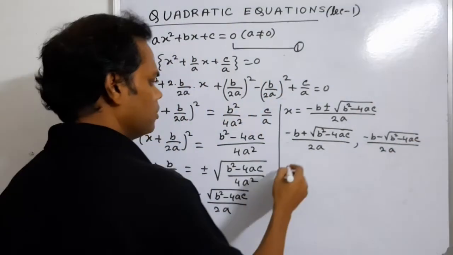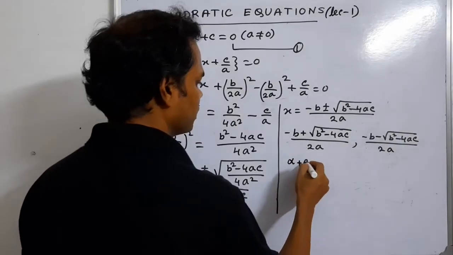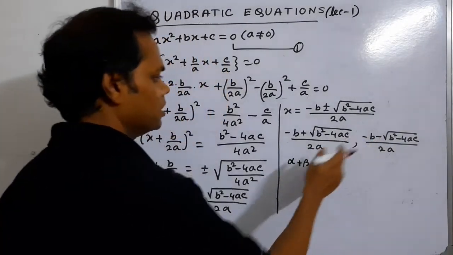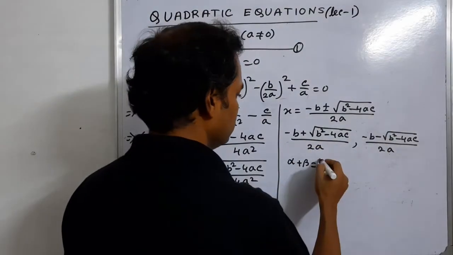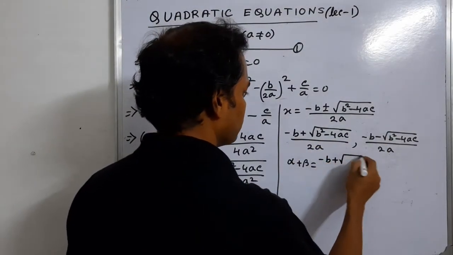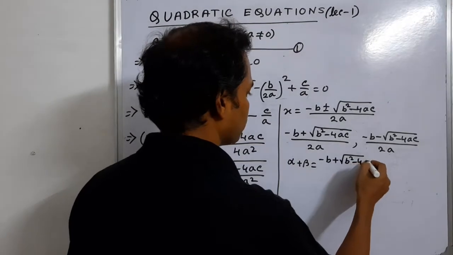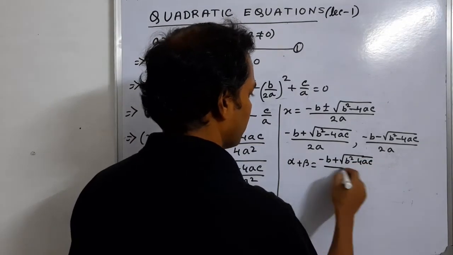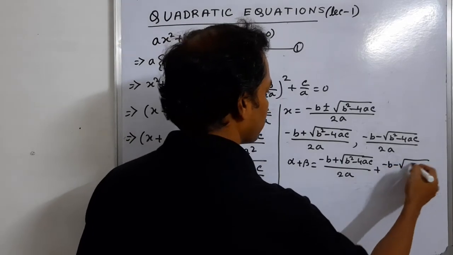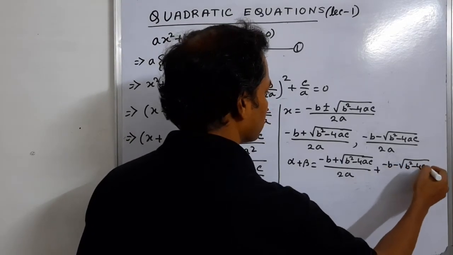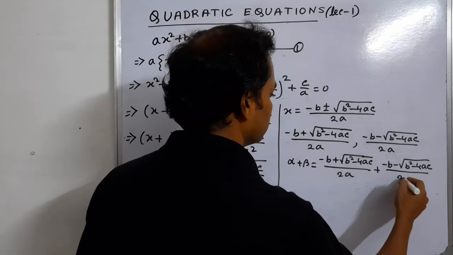Let us assume one root is alpha and the other root is beta. Then alpha plus beta, the sum of the two roots, is the sum of these two: minus b plus square root of b square minus 4ac by 2a, plus minus b minus square root of b square minus 4ac by 2a.